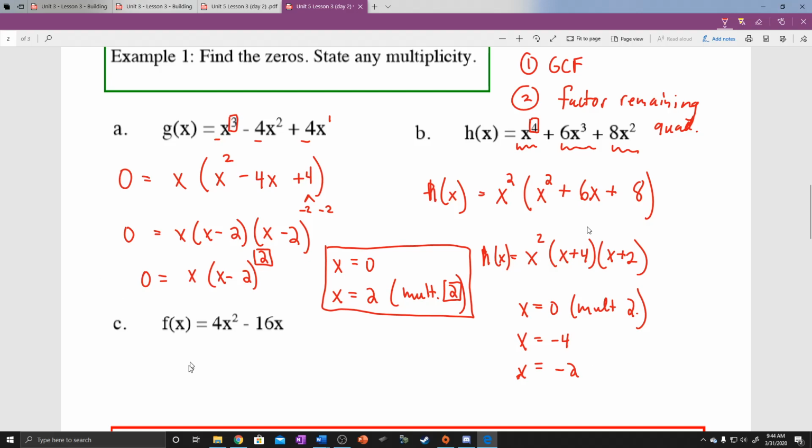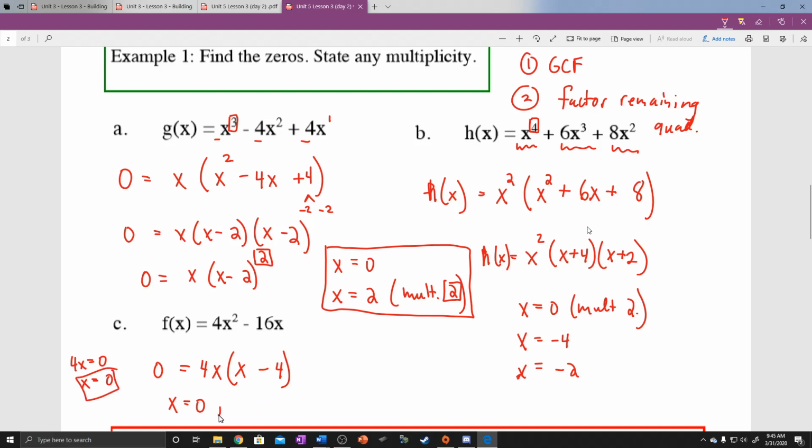All right, last one. F of x is equal to 4x squared minus 16x. So I can take a 4 out of both, and I can take an x out of both, and I'd be left with x minus 4. Set it equal to 0, and you'll get x equals 0 when 4x is equal to 0, and then divide by 4, you still get 0.